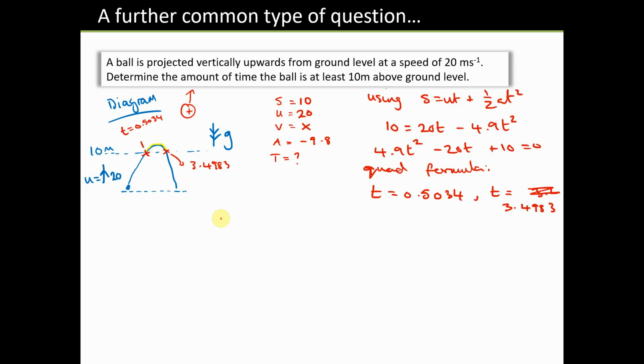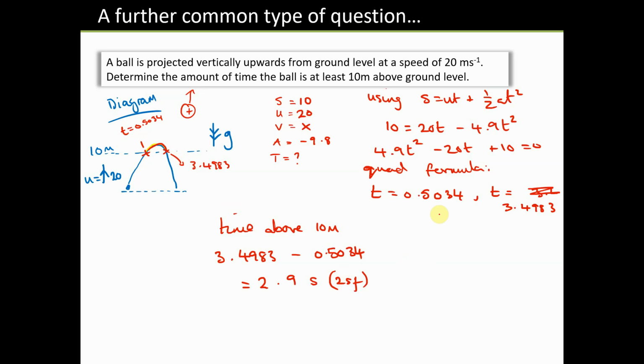So to find the time above 10 meters, we need to do the times subtracted from each other. That's going to tell us how much time it's gone on this yellow track I drew earlier. And that is going to be, rounded to two significant figures, 2.9 seconds. And that's the time above 10 meters.